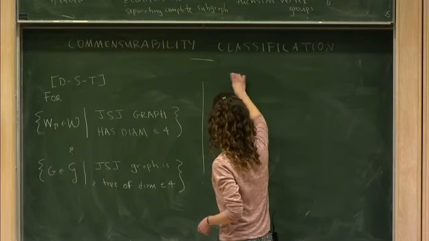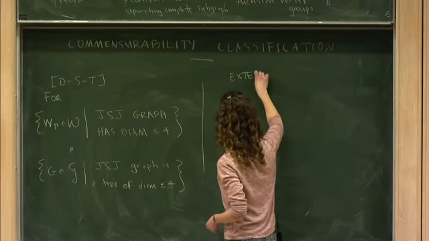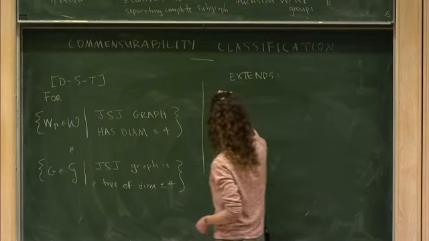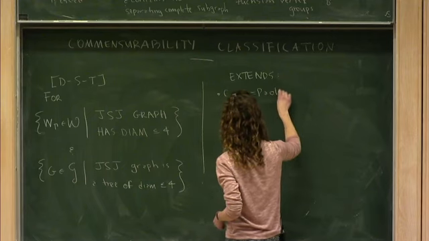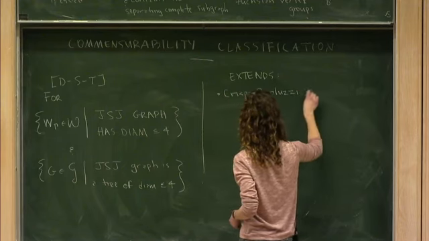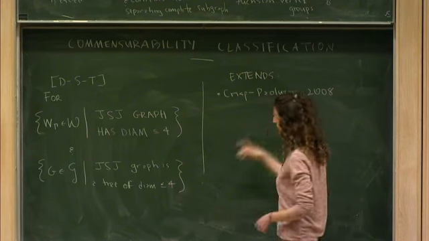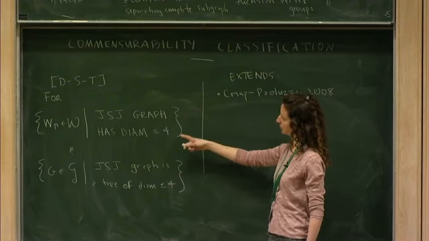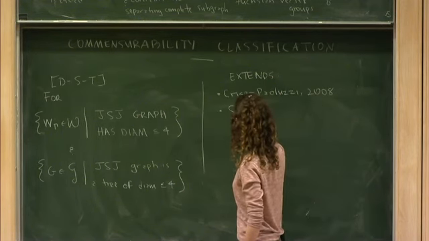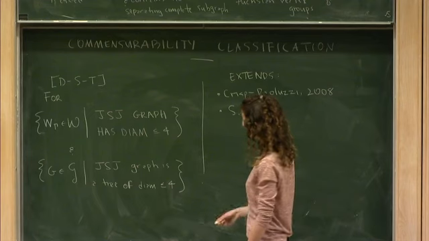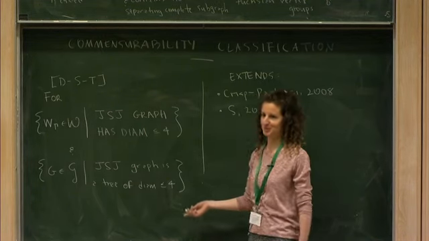And this work extends previous work of Crisp and Paoluzzi for a subclass of the right-angled Coxeter groups with JSJ graph of diameter 2, and it extends work from my thesis for the class of surface group amalgams.